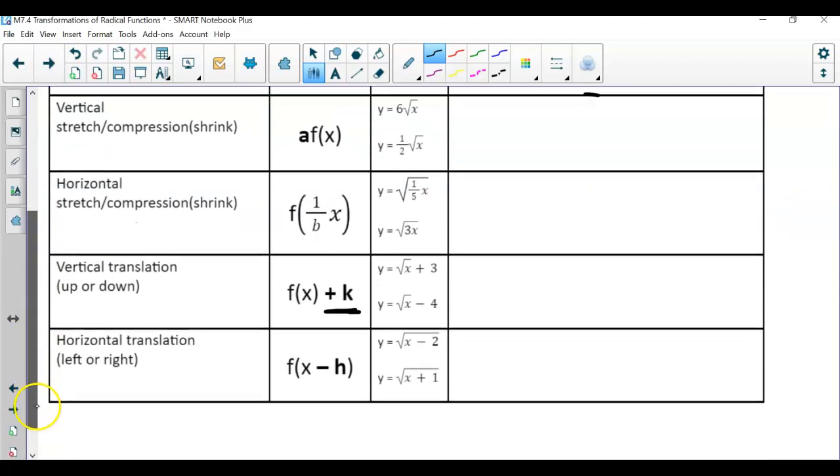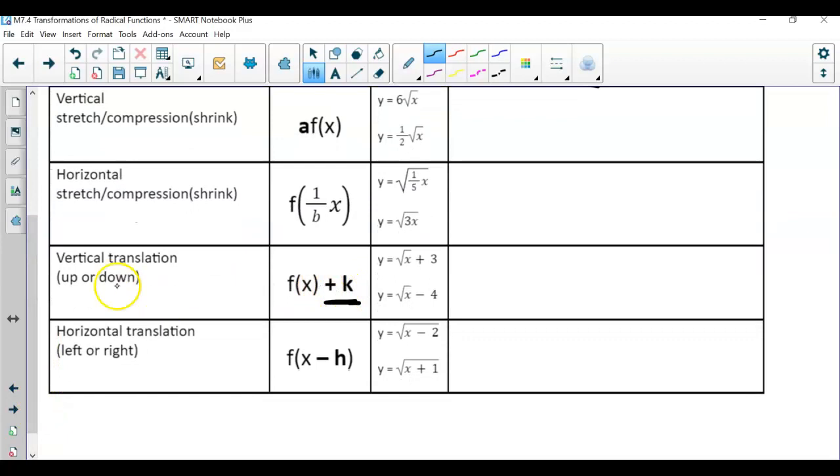So when you have that k here, we're talking about up and down. So if I have plus 3, just like we had the plus 4, this means it is going to go up 3 units. Then if this is a minus 4 on the outside, our value of k, then we're not going to move up, but we're going to move down 4 units.